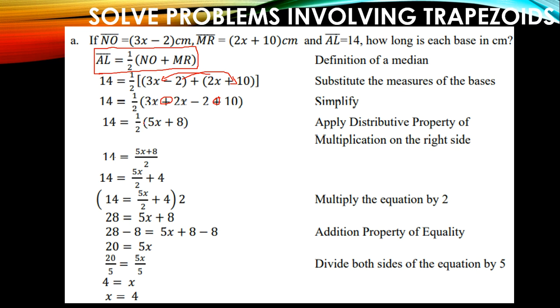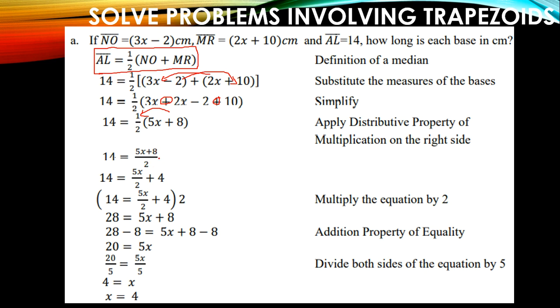After that, you multiply ang 5x plus 8 sa 1. That makes 14 equals 5x plus 8 over 2. Okay? So after that, gi-simplify ang 8 og 2.